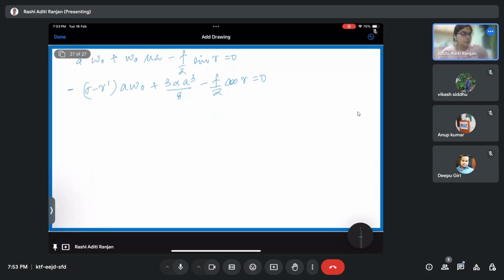So what further can I do? I can take sine and cos on one side, and I can also take omega naught as a denominator.